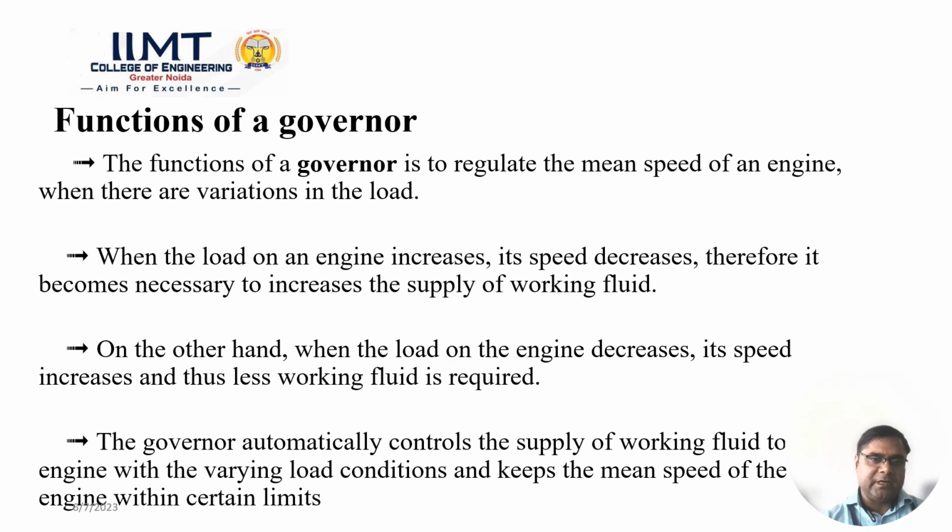In the second case, when the load on the engine decreases, its speed increases, and less working fluid is required to maintain the mean speed of the engine. So the governor automatically controls the supply of working fluid to the engine with varying load condition, and keeps the mean speed of the engine within a certain limit. From the application point of view, it is generally used in generators and turbines.